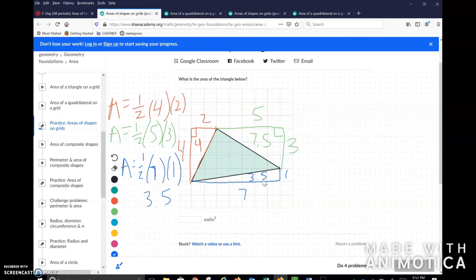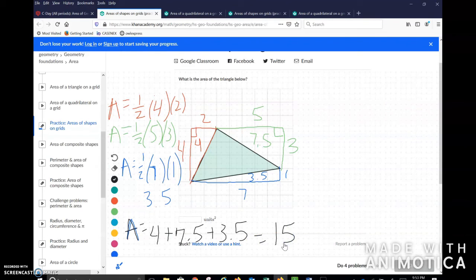Okay, so the area of all the triangles is 4 plus 7.5 plus 3.5. So the area of all those triangles is going to be 15.